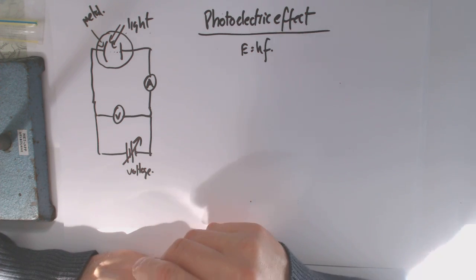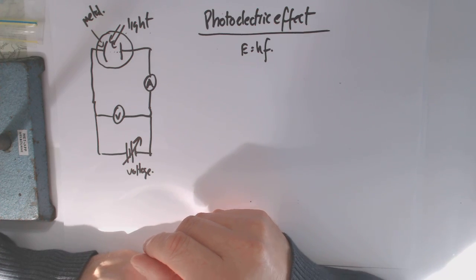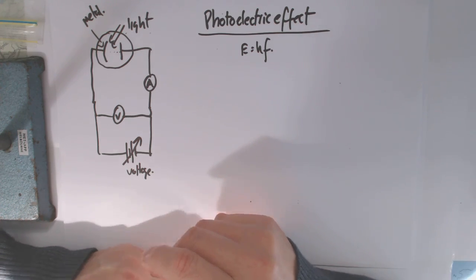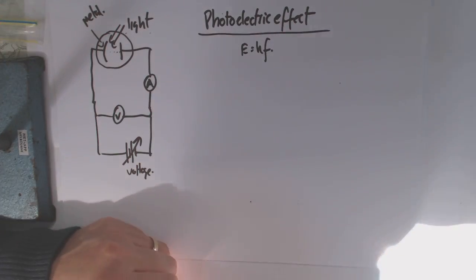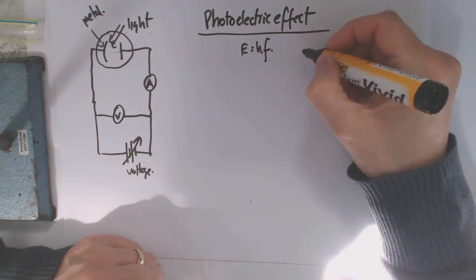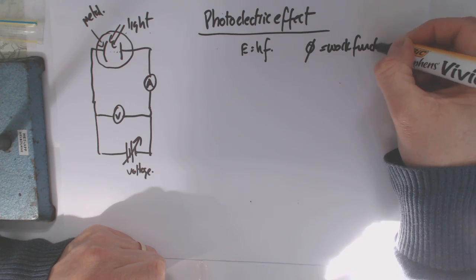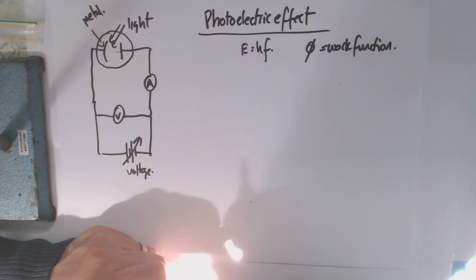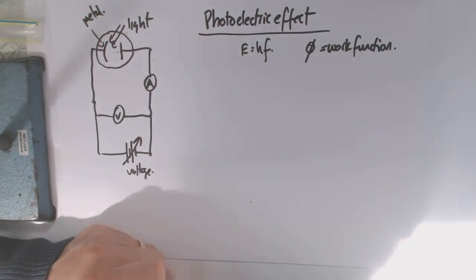So we now see that if you've got this low frequency, no matter how many of them you've got, they're all too low in energy to give the little electrons here enough energy to escape the plate. The energy required to escape the plate is what's called our work function. So when you get the right frequency, you've got enough energy for the electron to escape.